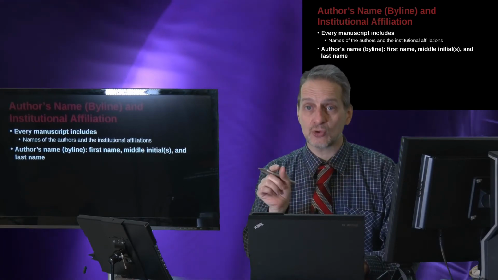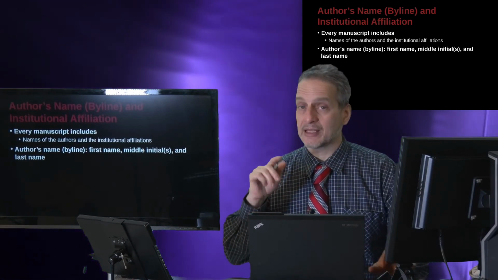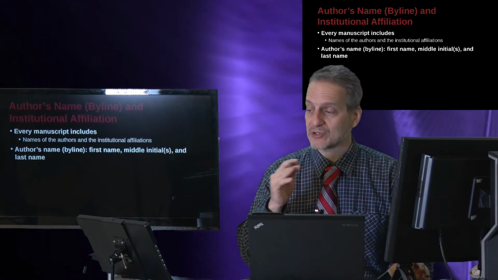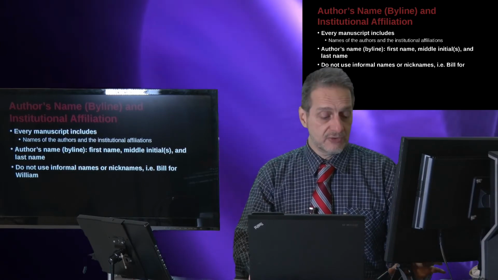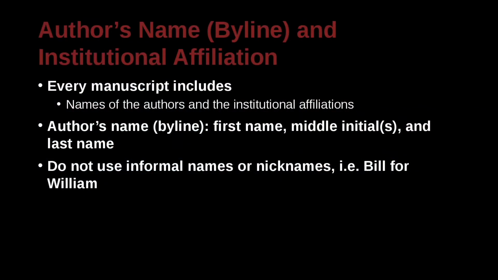So the middle name is shortened to just one letter, and then last name last. First name first, last name last. Do not use informal names or nicknames. So, for example, if someone's name is William, you must write William. You would not write Bill. Even though that person may often be referred to as Bill, you should be writing William.